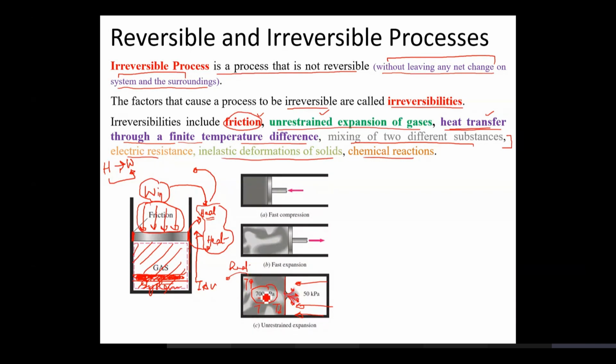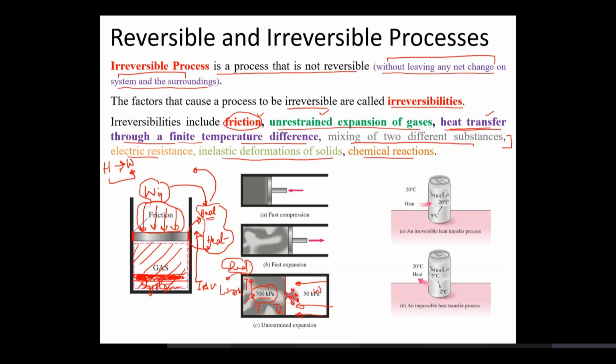Although the system would come back to its original pressure and temperature, due to the work done on the system there would be some heat loss, which again cannot be recovered. This is an irreversibility which you cannot convert back completely to work. That means you cannot bring the surroundings back to the original condition. There has to be a permanent effect on the surroundings in terms of the heat loss to the surroundings.